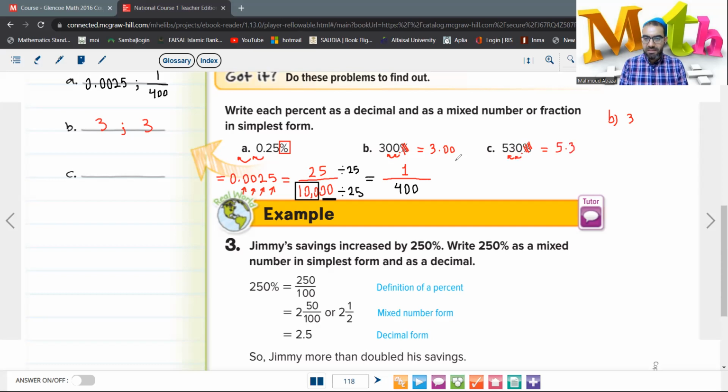And we know that 0.3 means 3/10. So it's like 5 and 3 over 10. Means as a decimal, it is 5.3. And as a mixed number, it's 5 and 3 over 10.